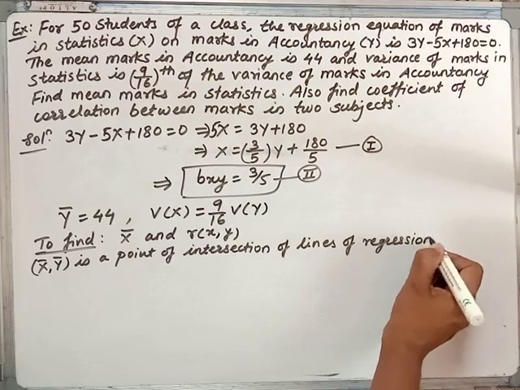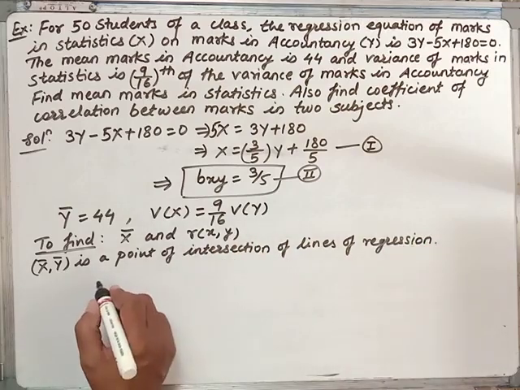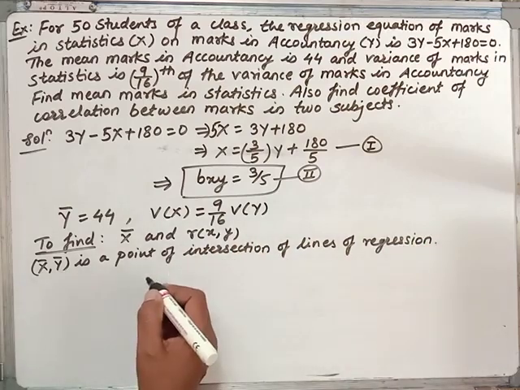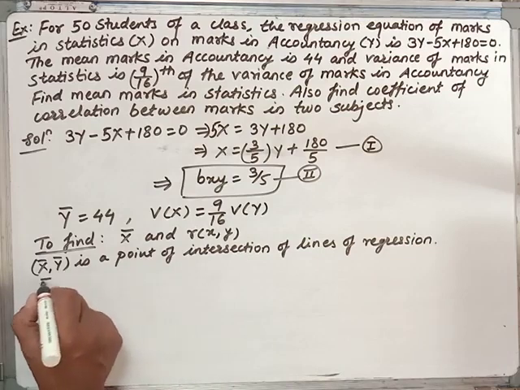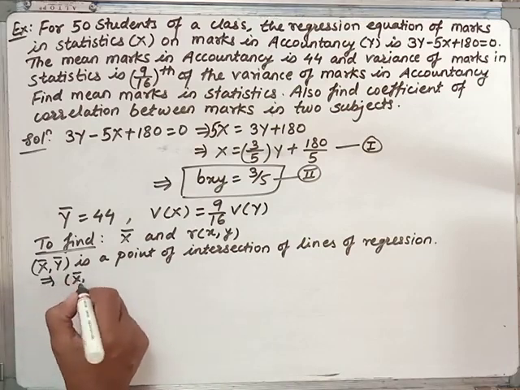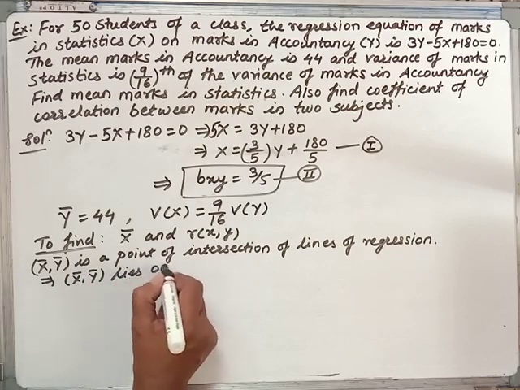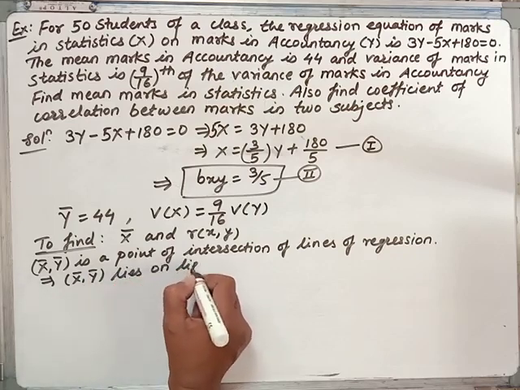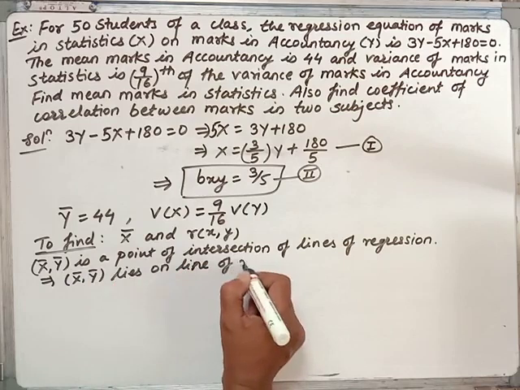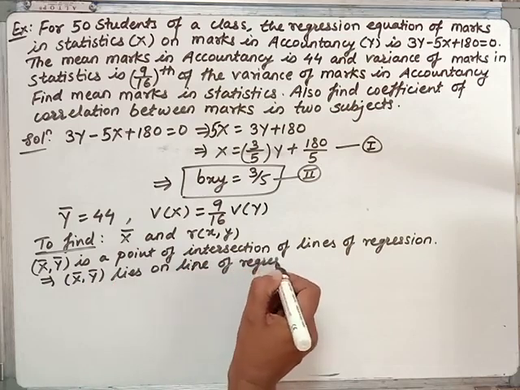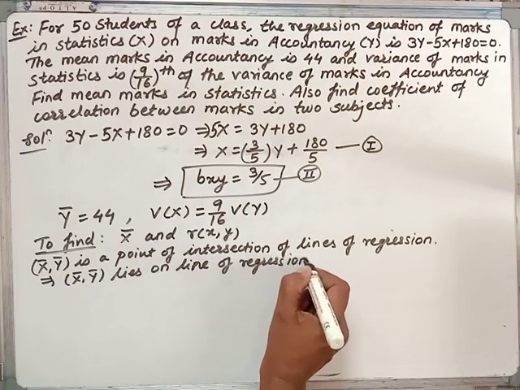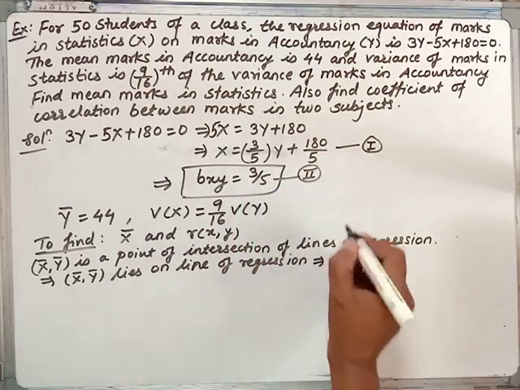If it is the point of intersection of lines of regression, it lies on both the lines. That implies x bar, y bar lies on the line of regression. If it lies on the line of regression, then it must satisfy that equation.